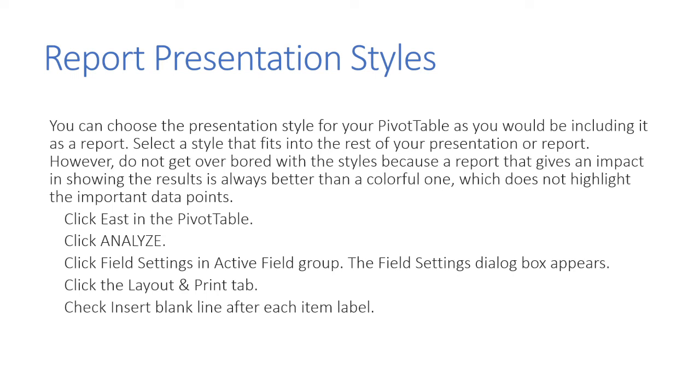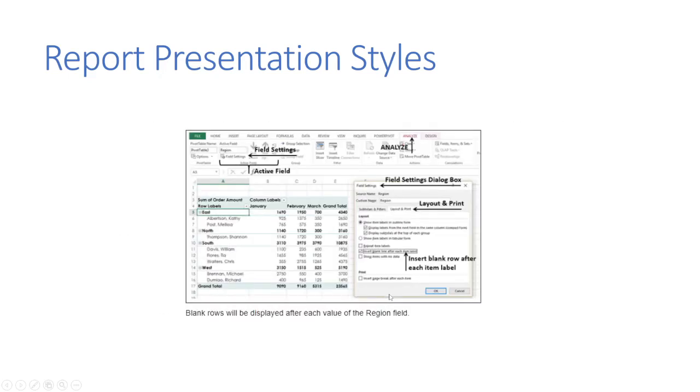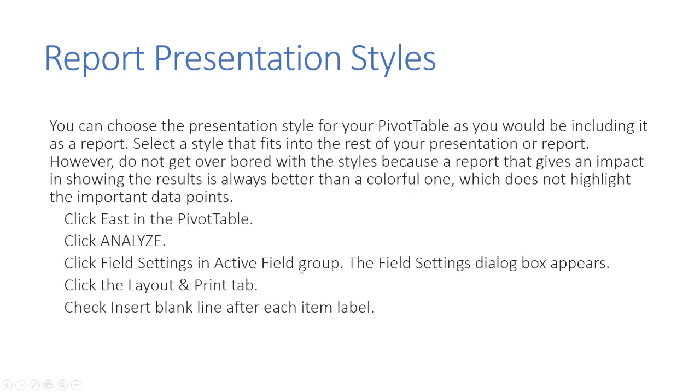To do this, click East in the pivot table, click Analyze, click Field Settings in Active Field Group, and the Field Settings dialog box appears. Click the Layout and Print tab. Check Insert blank line after each item label. So Analyze, Field Settings, and the Field Settings dialog box appears.